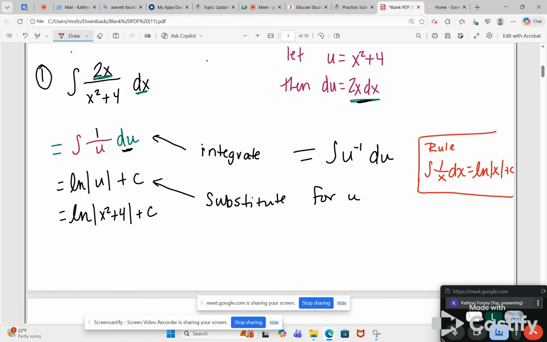We wrote the natural log. We also wrote that e to the x, the integral there would be e to the x plus c. So that was another rule we wrote.